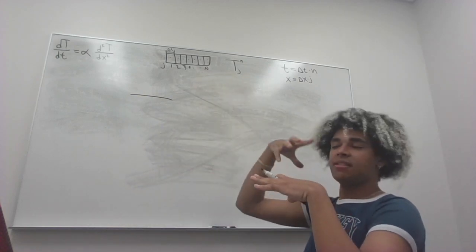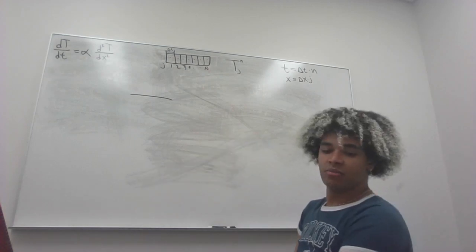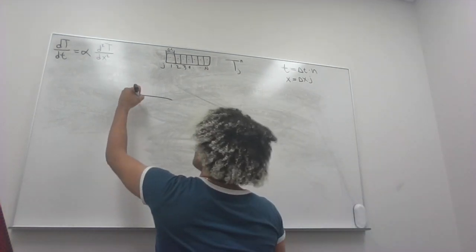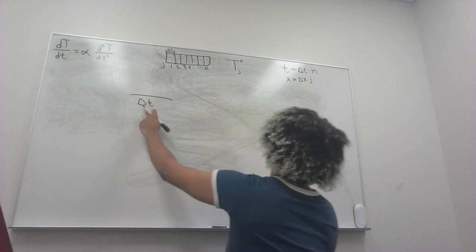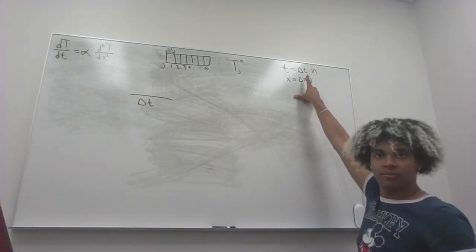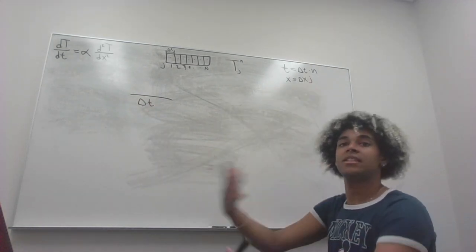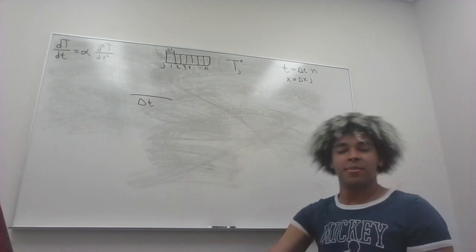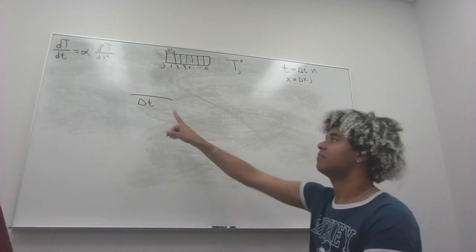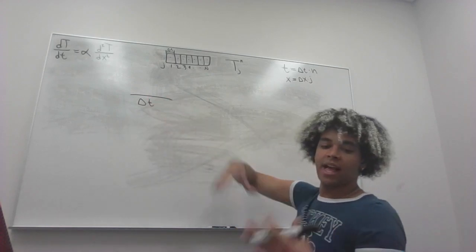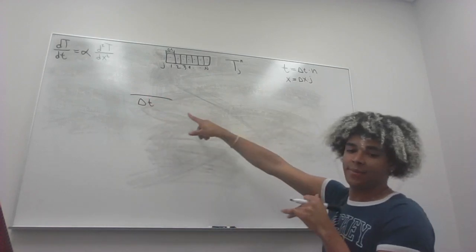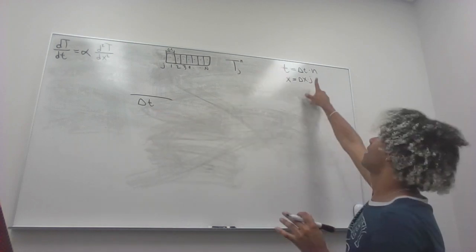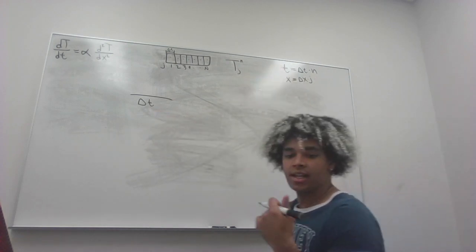We're going to have a change in time, the difference in time, aka the step size in time, because time is technically the step size in time multiplied by a counter in time.